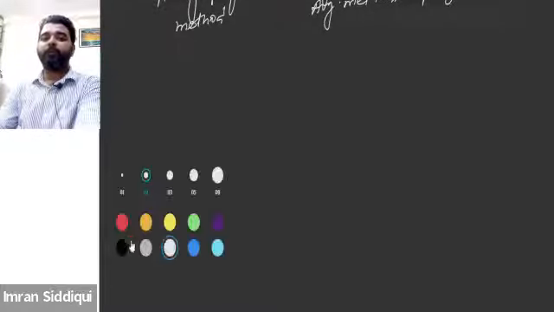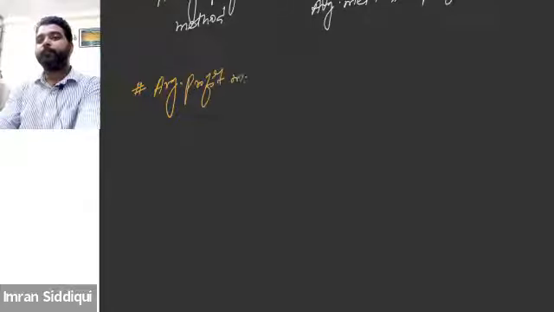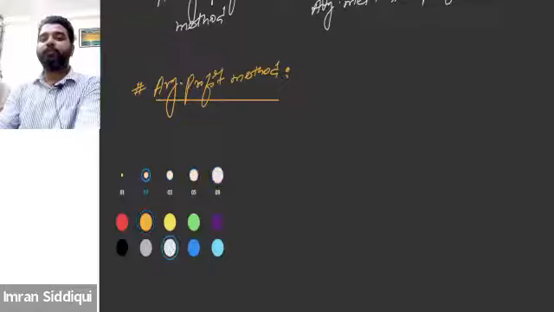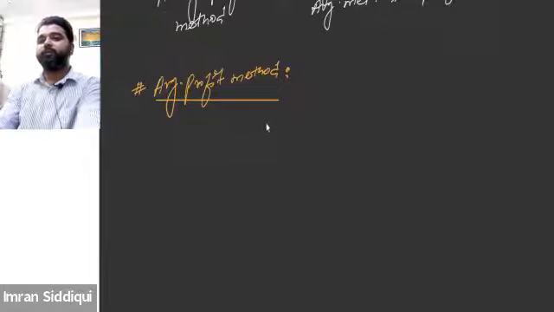How do we calculate goodwill by the average profit method? Let me give you a quick recap. Under this method, there is a formula by which goodwill is valued: we take the average profit and multiply it with the number of years purchased.